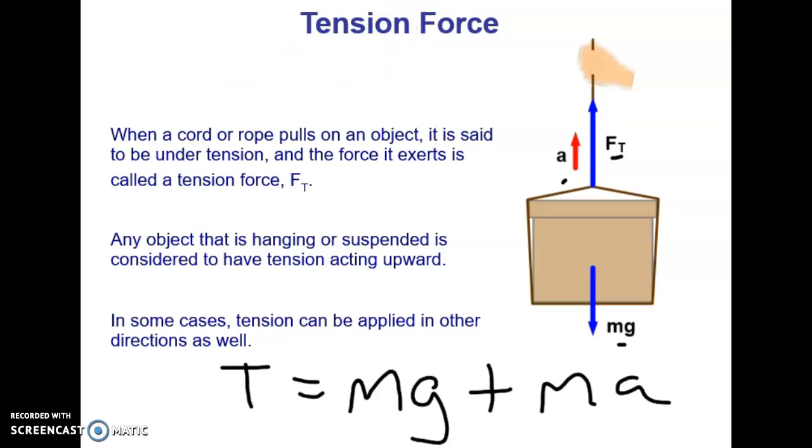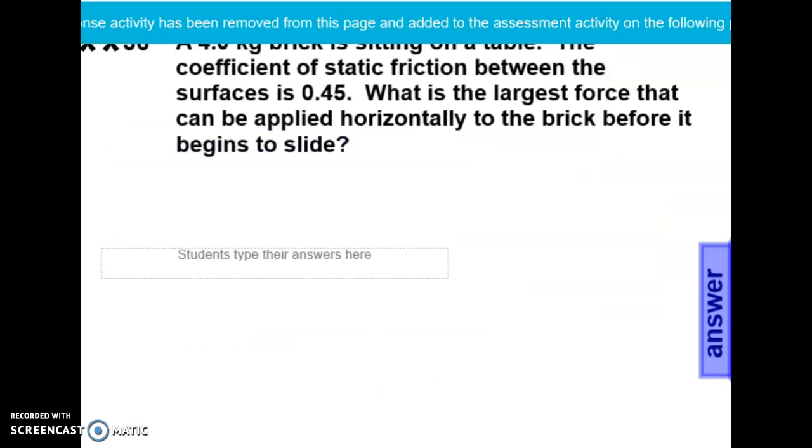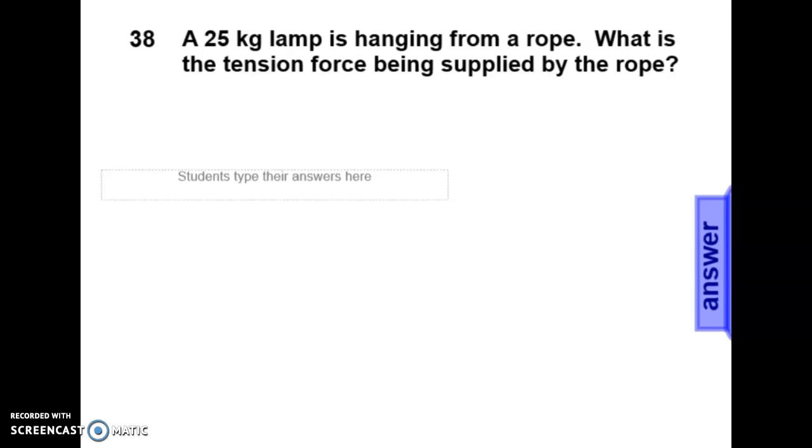Let's look at some problems. The first type of problem is when we're not moving, which also applies to moving at a constant velocity. In this case, we have a 25 kilogram lamp hanging from a rope.